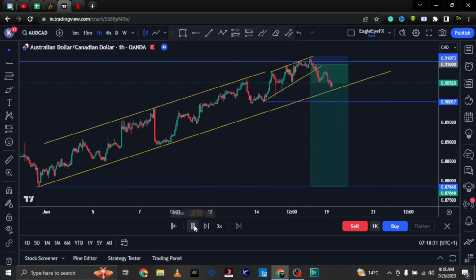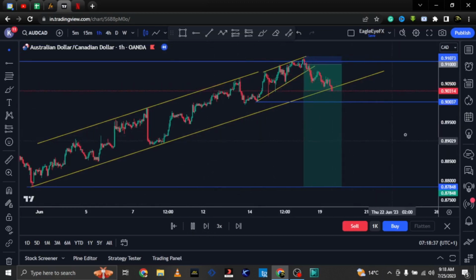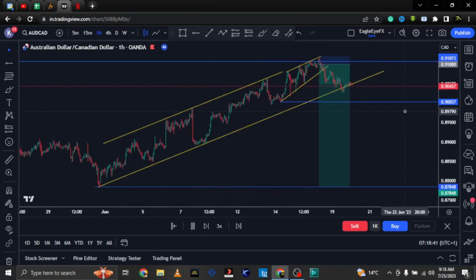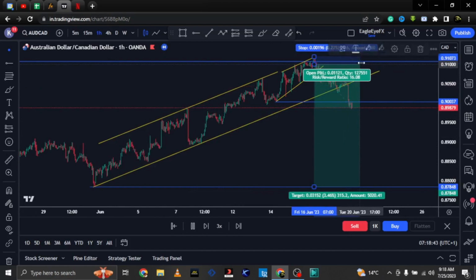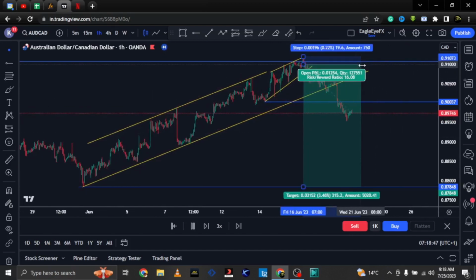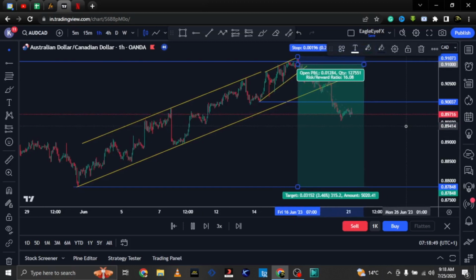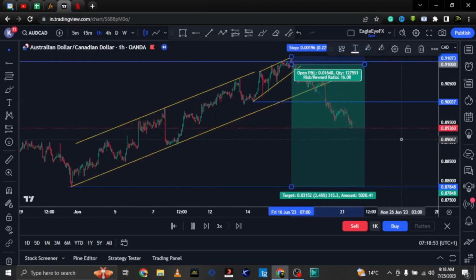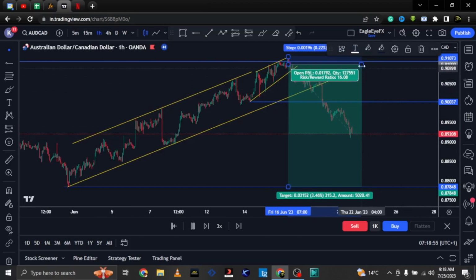Then we're gonna talk about scaling in, how you can take advantage of this move, because most of the time this move will actually play all the way to the downside. Okay, look at that. The market just went all the way. A fast take profit has been hit, and then it just continues and continues.